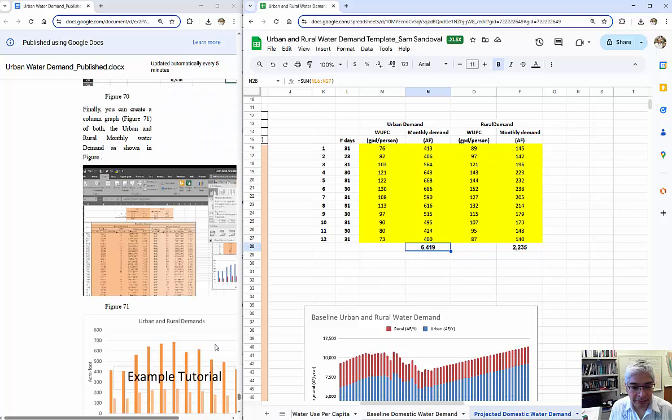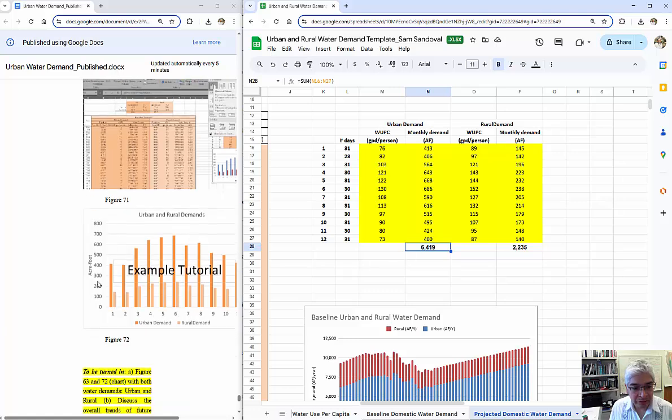6416, 6419. Now you need to create this table, but basically, in this case, you can put it in here. Urban, and then here you can put rural, and then, sorry, there you go.